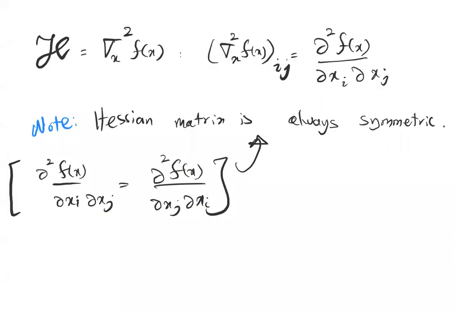So in this lecture, we talked about the gradient and the Hessian matrix.